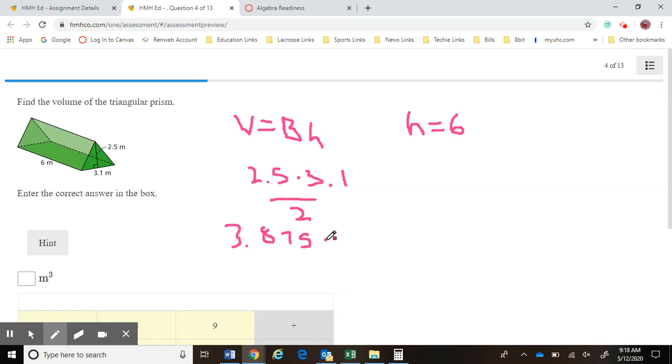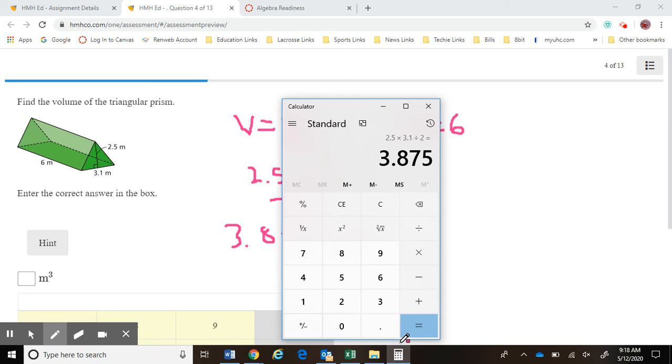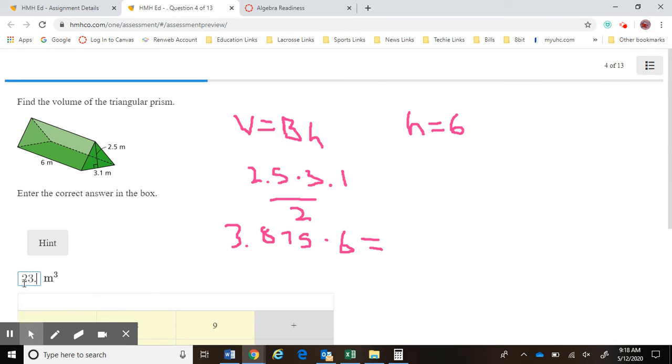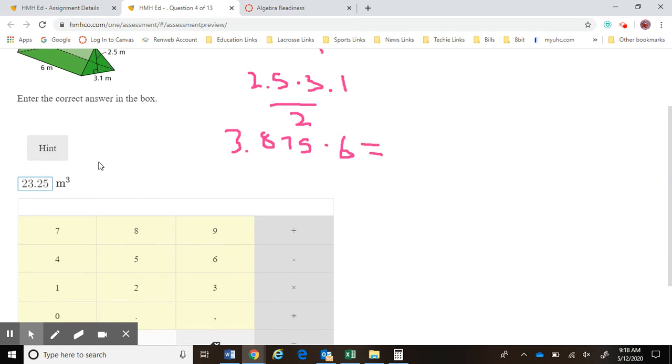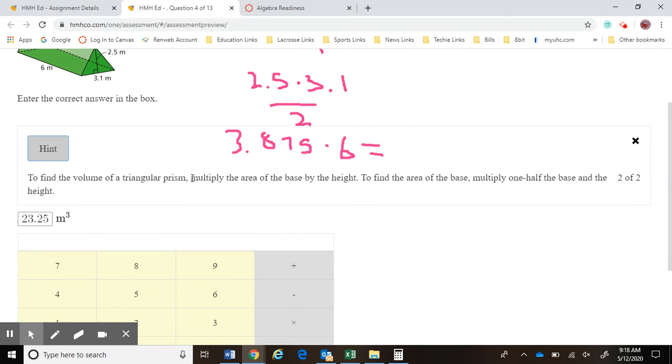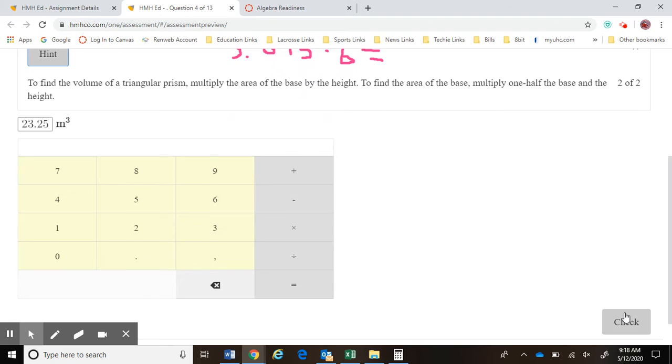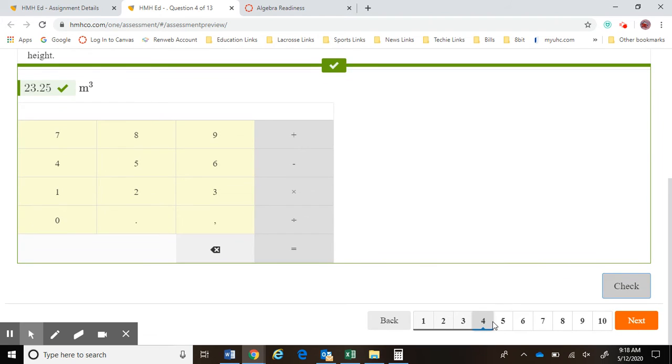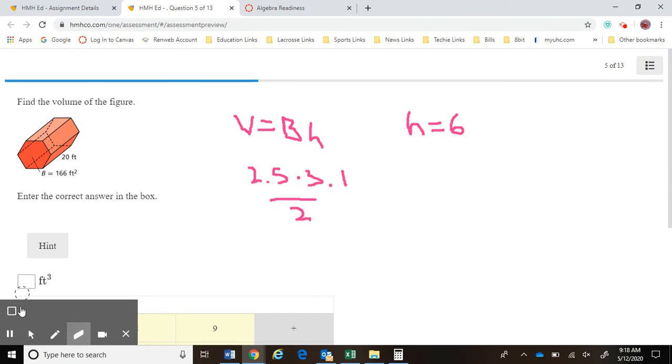And I need to multiply that times 6. And that gives me my answer of 23.25 cubic meters. Again, you can look through the hints. It can tell you the exact same stuff that I told you to do. Check it. We're good. Moving on to question number 5.